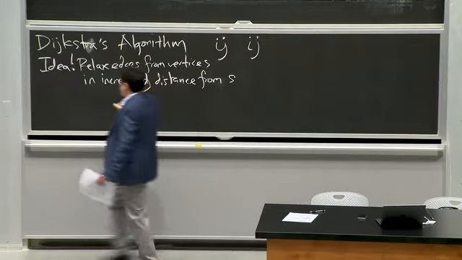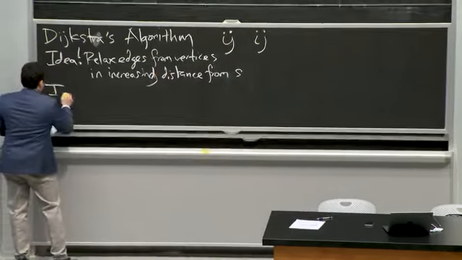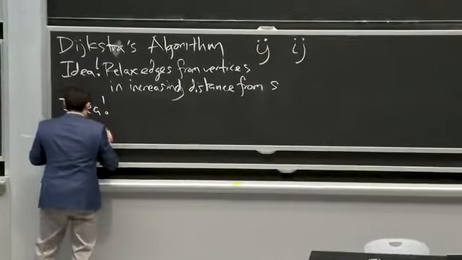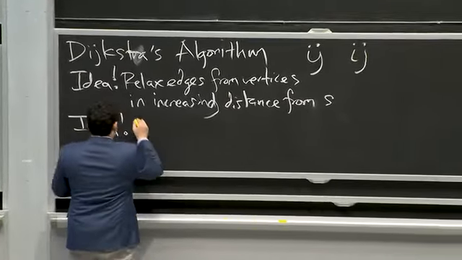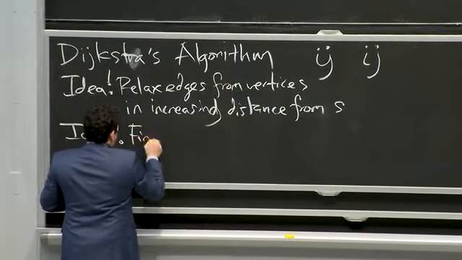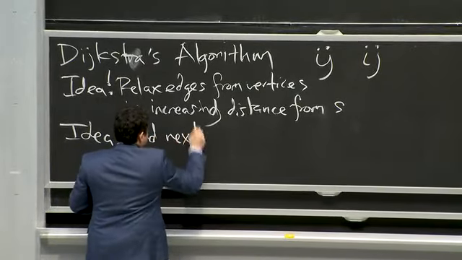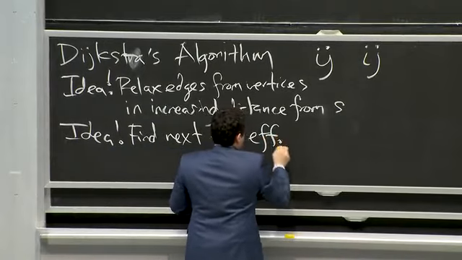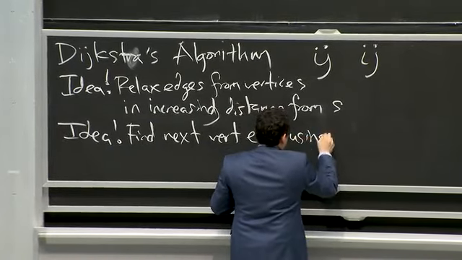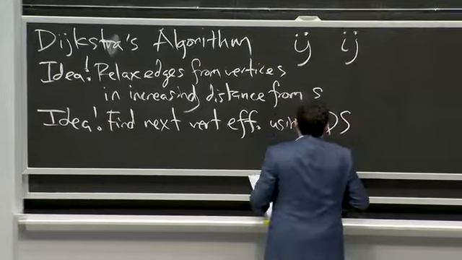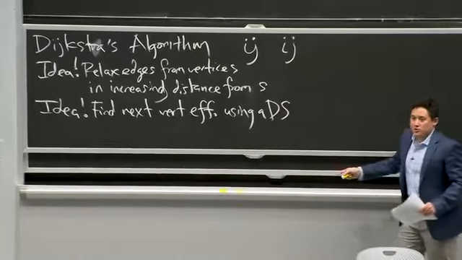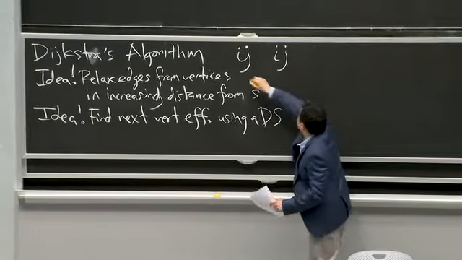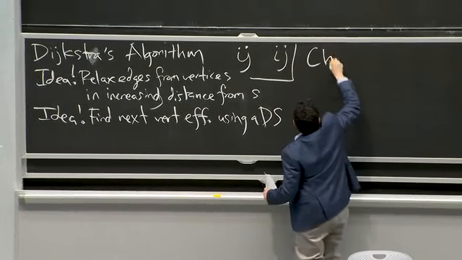Well, the second idea is to find the next vertex efficiently using a data structure. Okay? And the data structure we're going to use is something I like to call a changeable priority queue.